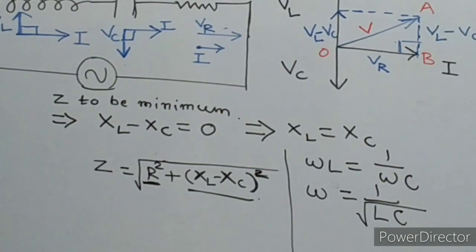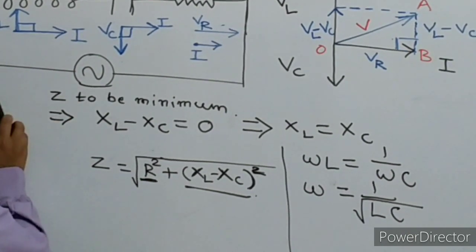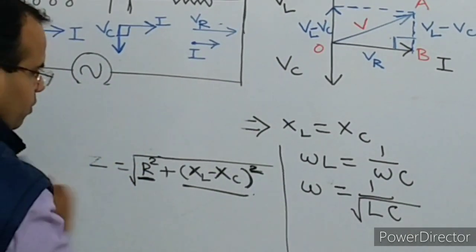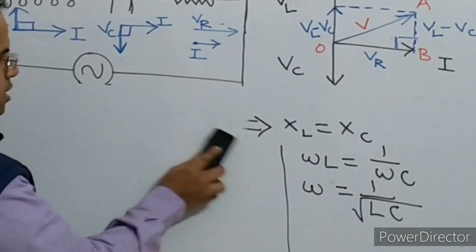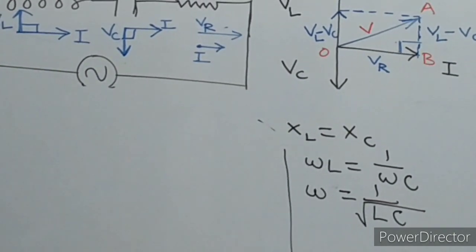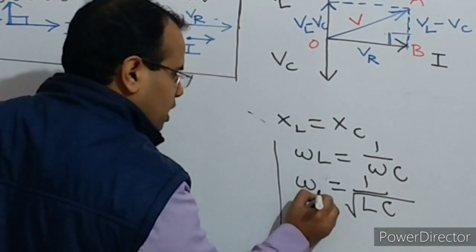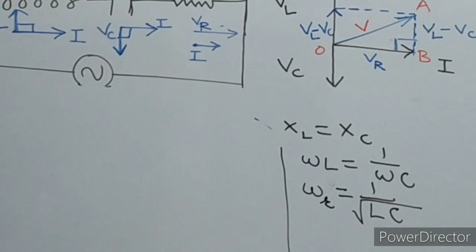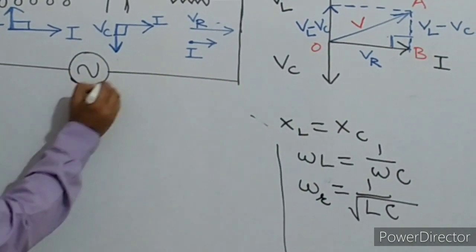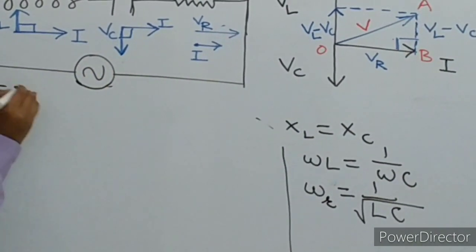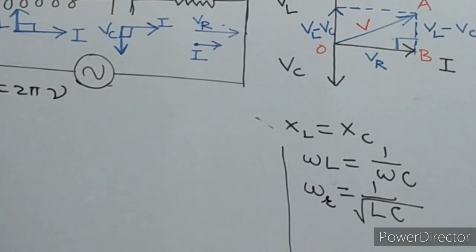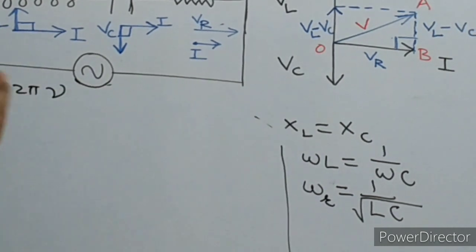You see that if XL is equal to XC, it comes out as omega equal to 1 upon root LC, which can be written as omega R. We know that omega is equal to 2 pi nu, or omega equal to 2 pi by capital T, where 1 upon capital T is nu.